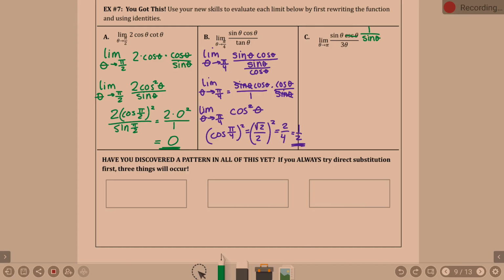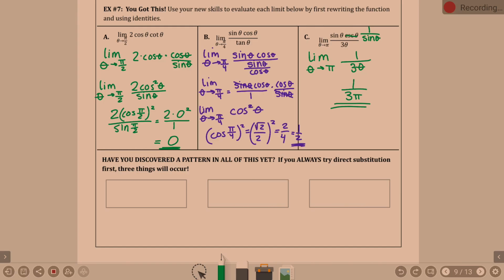Yeah, they're going to cancel, right? So we end up with the limit as theta approaches pi of 1 over 3 theta. And this math just became incredibly easy because we have 1 over 3 pi. There's no trig to do there. You're just plugging it in. Yeah, I like those problems. Those are nice.